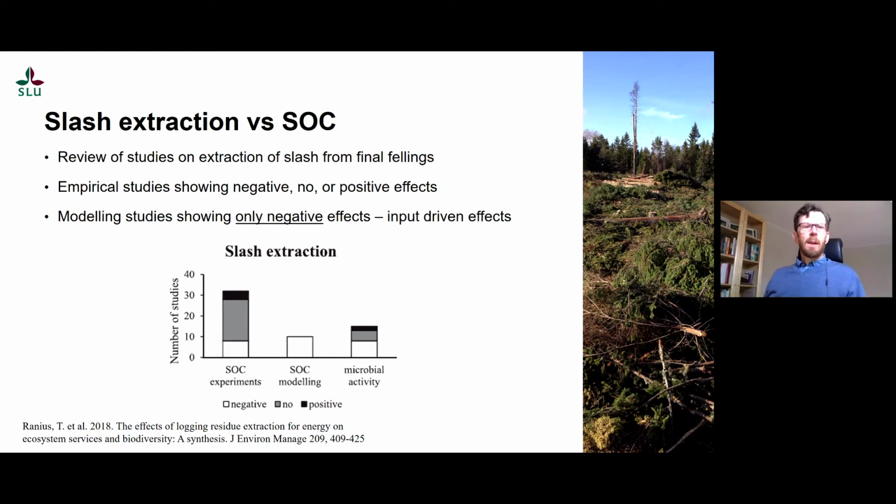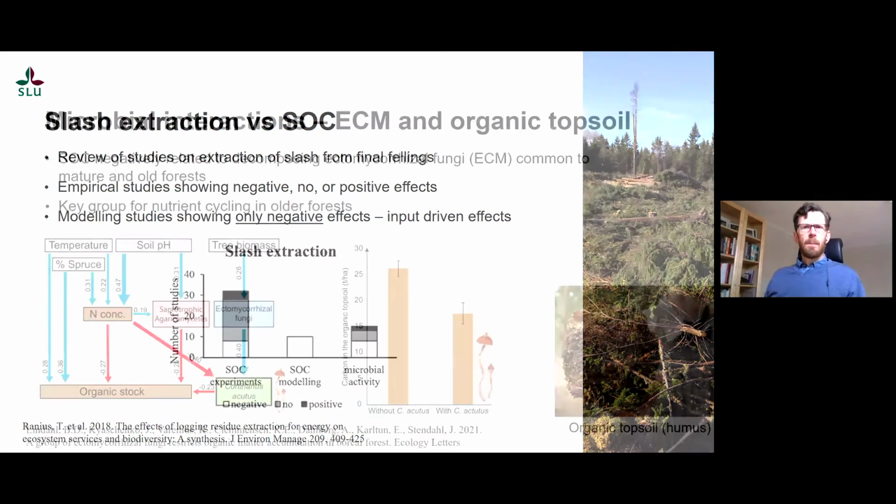However, the modeling studies all showed negative effects, that you had losses of soil carbon. And of course, this is because they are input driven. So this can cause problems if you try to look at things into the future.